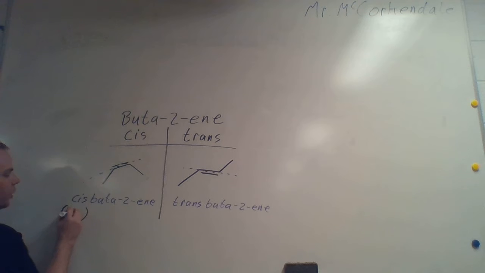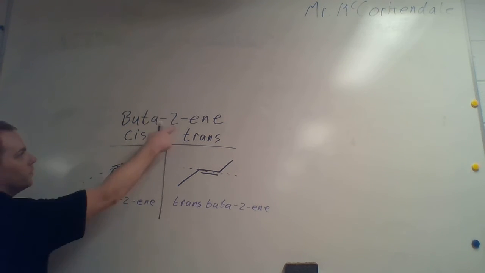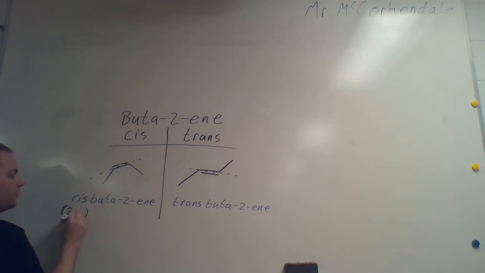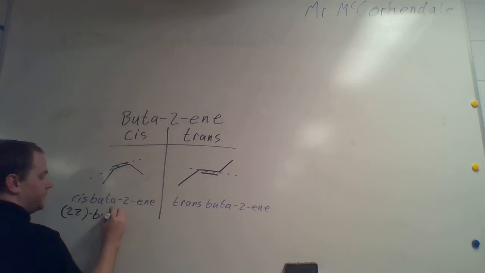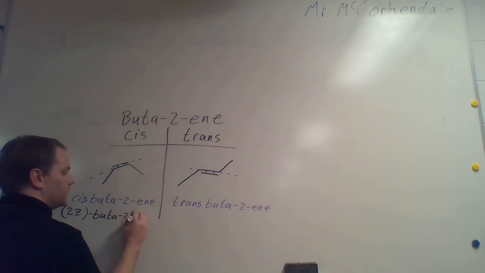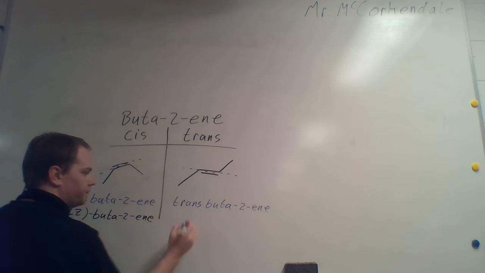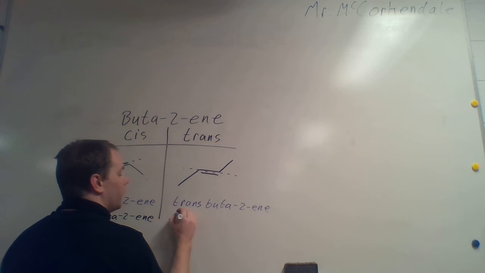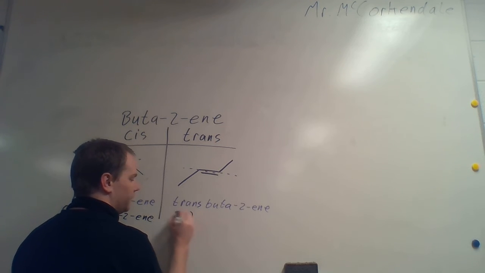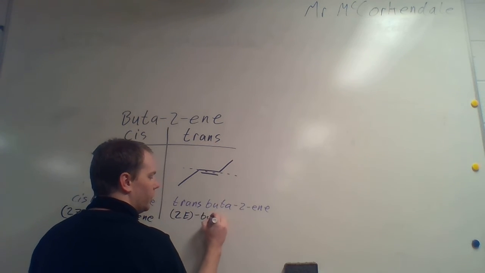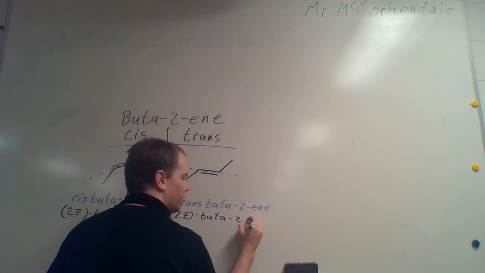We would state the carbon number that the double bond starts on. So for both of these, it would be 2. We'd write 2Z buta-2E, and here it would be 2E buta-2E.